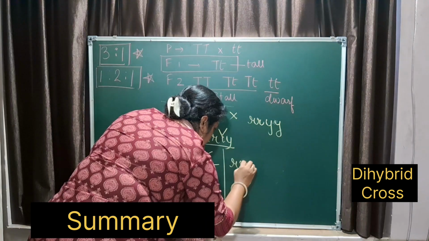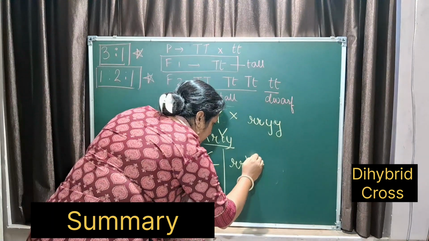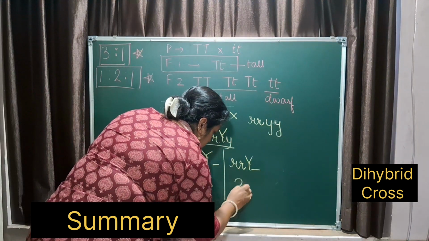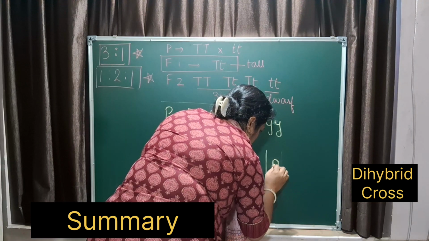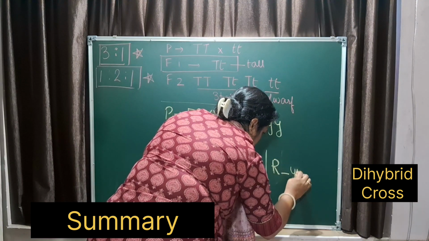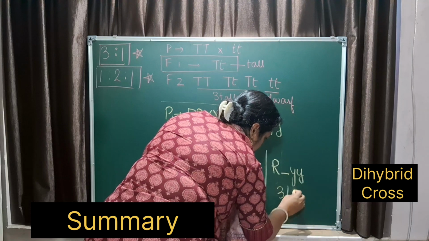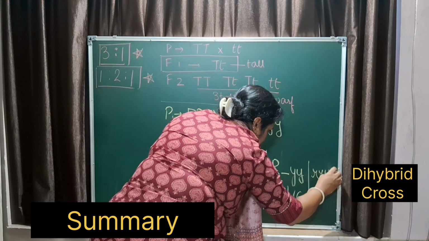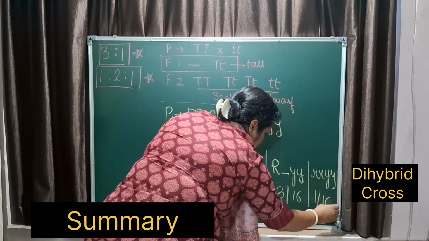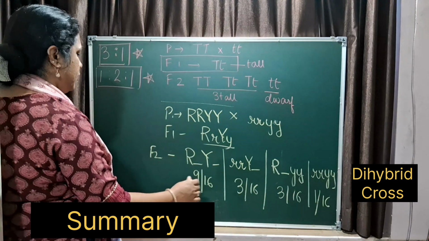Then you had wrinkled and yellow, that was 3 out of 16. Then you had round and green, 3 out of 16, and the last one you had wrinkled and green, that is 1 out of 16. Okay, so this was the F2.